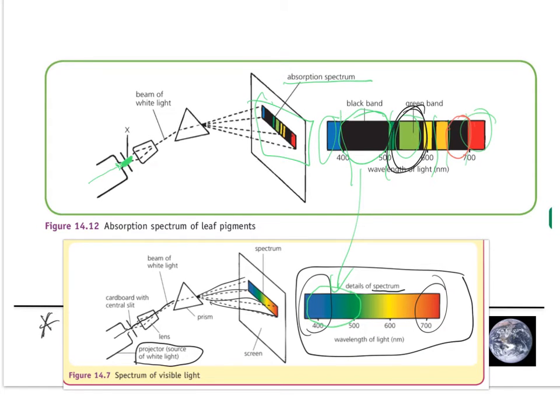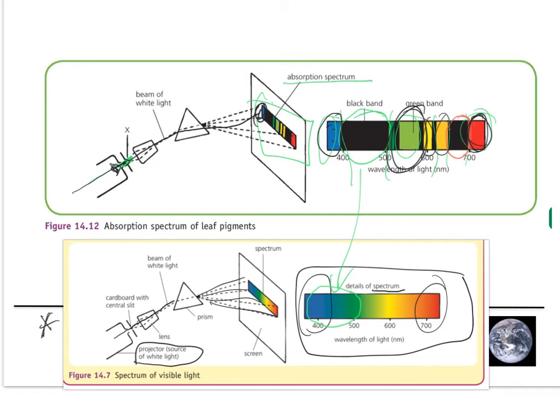There's also this blue, and these yellow and red regions, where the light of that wavelength hasn't been absorbed by the pigment extract. If we look at this blue part here, that is not being absorbed by the chlorophyll. It's passing right the way through and showing up on the screen here.